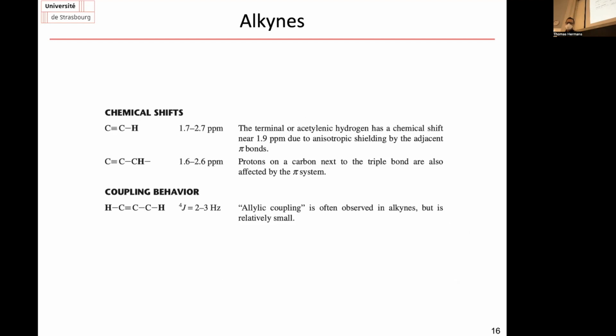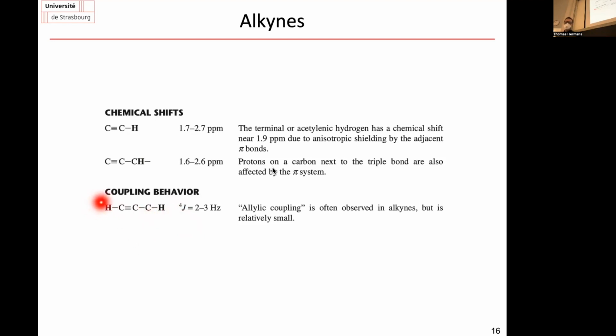Okay, so alkynes, with the triple bond, can have something funny. First of all, they have a slightly downfield shifted chemical shift from normal alkanes, but they actually have a splitting that goes over 4 bonds, right? So here you see 4J, that means splitting over 4 bonds.